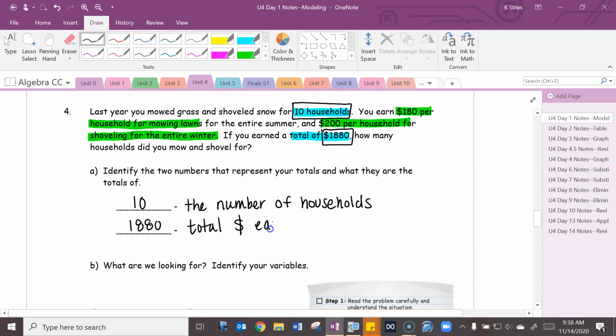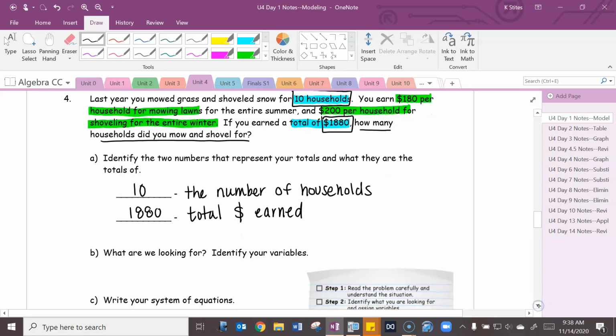Total money earned. What are we looking for? Again, look for the question mark. How many households did you mow and shovel for? So I'm going to make M the number of mow, and I'm going to make S the number of shovel. And these again are for households.